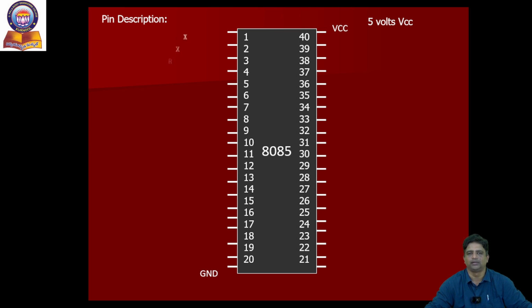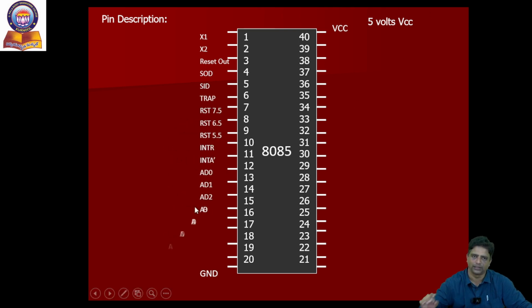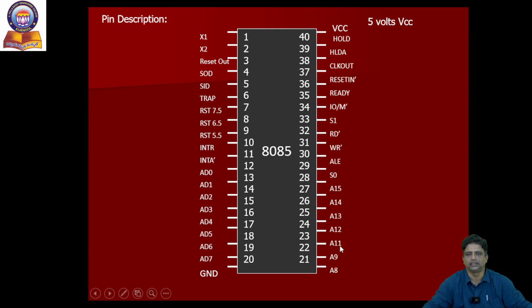Then if we have a look at the left side of this pin diagram, we can see all those lines in the architecture that were mapped outside, we will see them as the pins here. In continuation with the data lines, along with the complete data lines from D0 to D7, we still require some representation for address lines. The answer is given here.